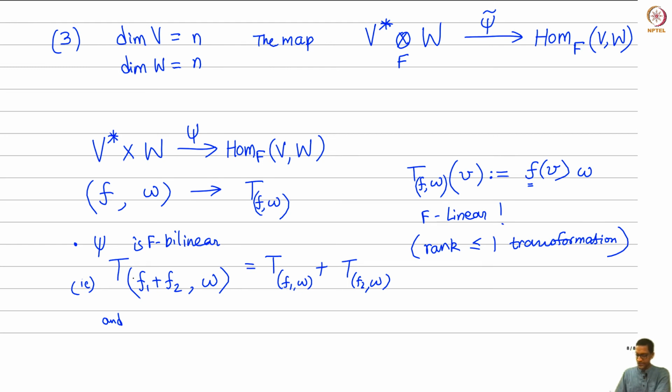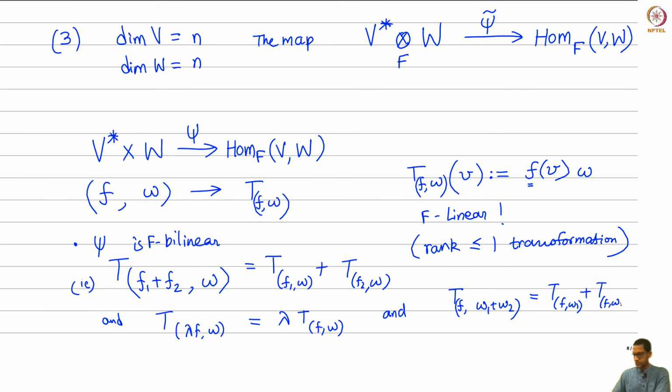So if I multiply this by some scalar, T of (lambda F, W) is just lambda times T of (F, W). And I should do the same thing in the other component. I keep F constant. I write this as W1 plus W2. Then this just becomes T(F, W1) plus T(F, W2).